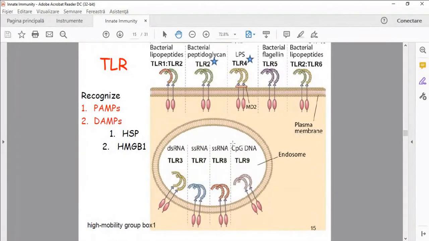But also toll-like receptor 9, for example, is able to recognize methylated CpG structural motifs, which are characteristic of bacterial DNA.